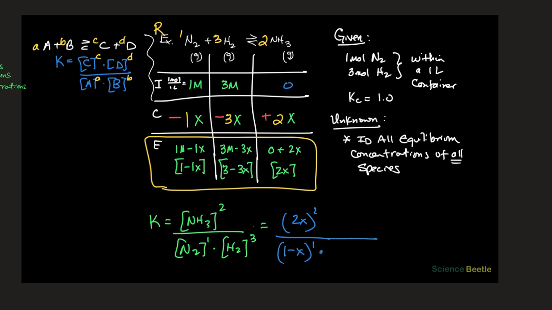Then we're going to multiply that by 3 minus 3x, which we'll put down here. Because the coefficient is a 3, we're going to go ahead and put the 3 outside. So we'll put that there, as so.